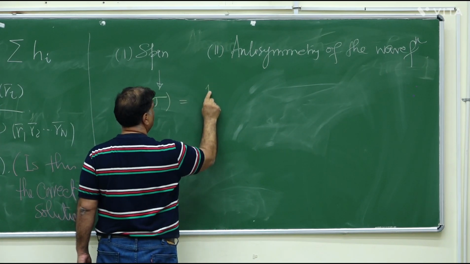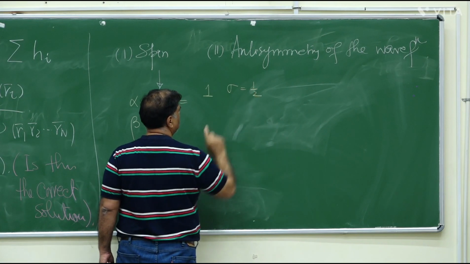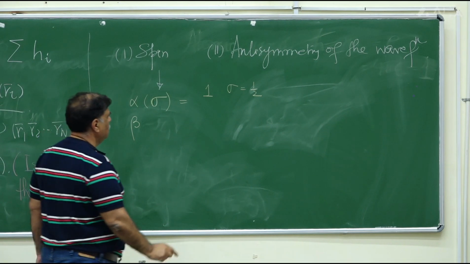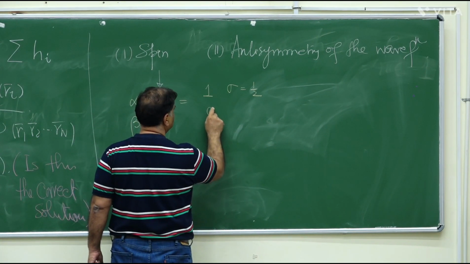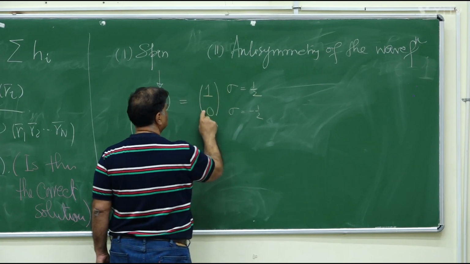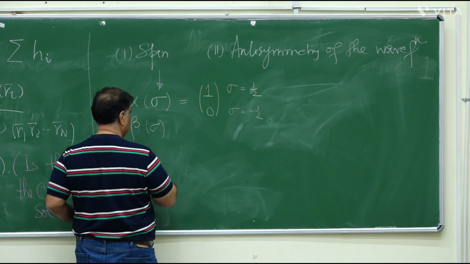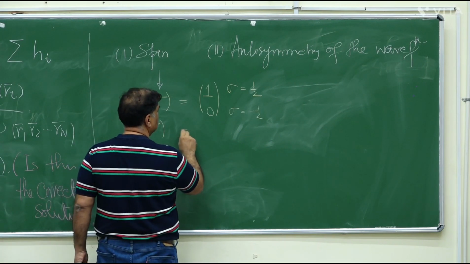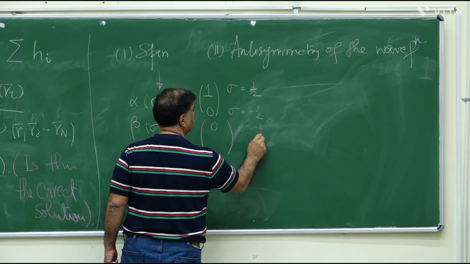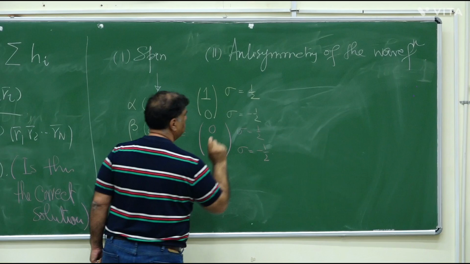Alpha of sigma is going to be 1 if sigma is 1/2, that's the z component of the spin angular momentum, and 0 if sigma is minus 1/2. Beta of sigma is going to be 0 for sigma equals 1/2, and 1 for sigma equals minus 1/2.